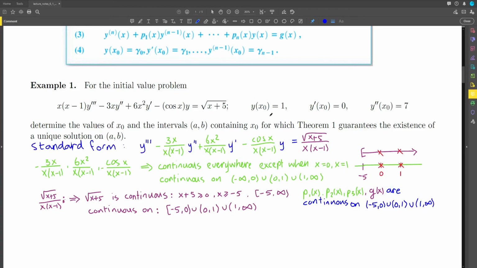So now, depending on where x naught is, we have to pick one of these three intervals. So if our initial value x naught is in -5, 0, then we have a unique solution on that interval.